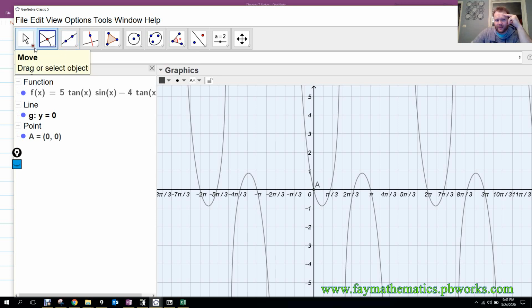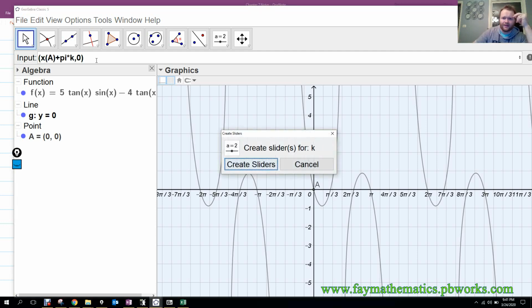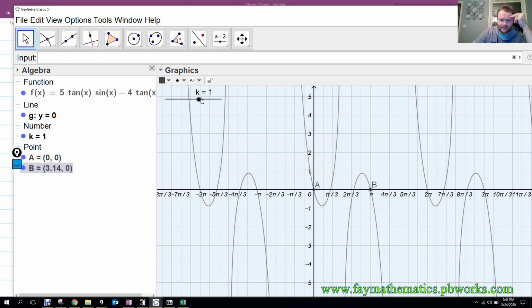And I'm going to take that point A, so I'll take the x value of A and add to it pi times k, and then comma that with 0. So this is an ordered pair. The way this is written, taking the x value of that coordinate, add pi k to it, and then pair that with a y-coordinate of 0. So this pairing with the y-coordinate of 0 is just going to make sure that the next point that's plotted is still on the x-axis here. So I do that. I'll create a slider for k.